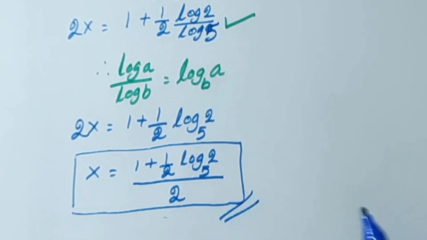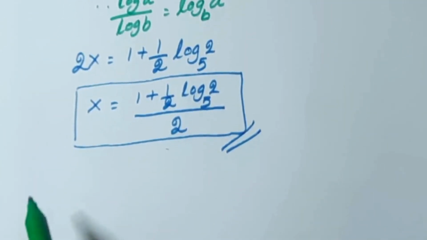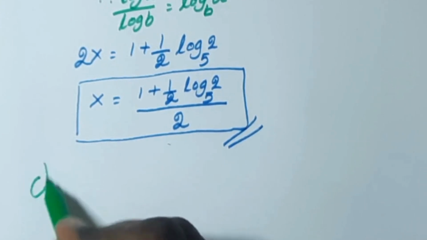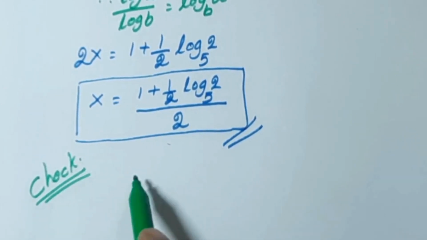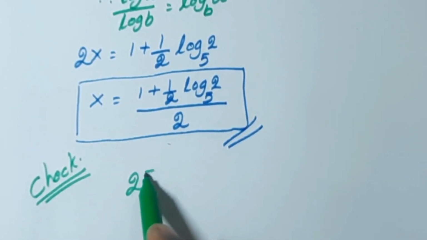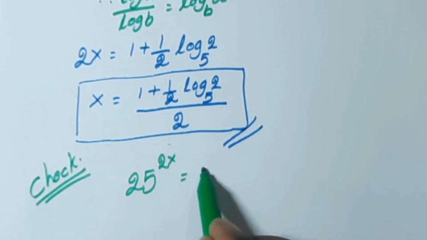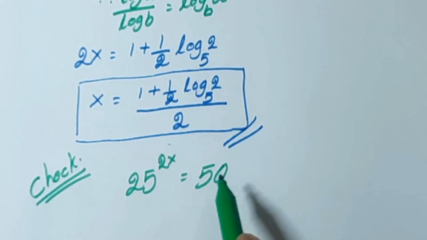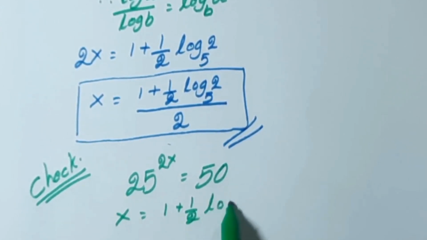Now we are going to verify, check this with the equation 25 power 2x equal to 50. We know that x equal to 1 plus 1 by 2 log 2 base 5 by 2.